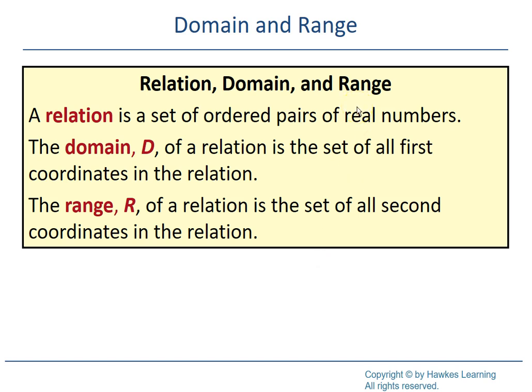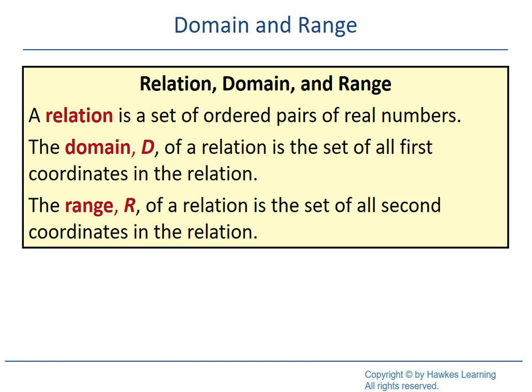Now, another set of words here is domain and range. Now, we've defined relation as any two things connected, and the ordered pair is an excellent example of a relation. And in that x and y of the ordered pair, we define the domain as all the x elements and the range as all the y elements.